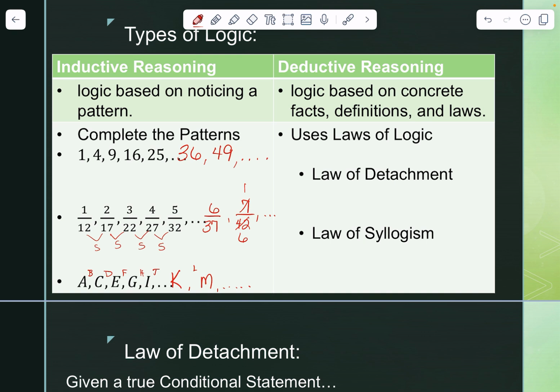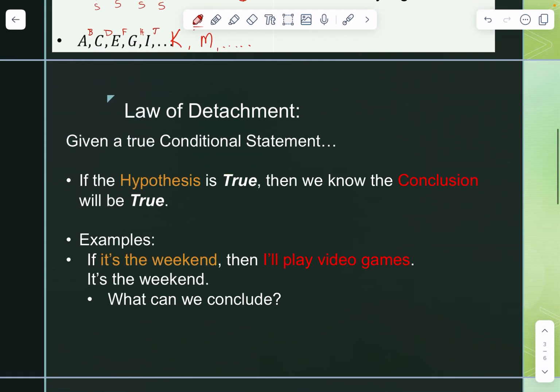Deductive reasoning is using facts, definitions, laws, those types of things. We have two laws that we're going to focus in on: the law of detachment and the law of syllogism. Let's start with detachment. The law of detachment simply says, given a true conditional statement, if the hypothesis is true, then we know the conclusion will be true.